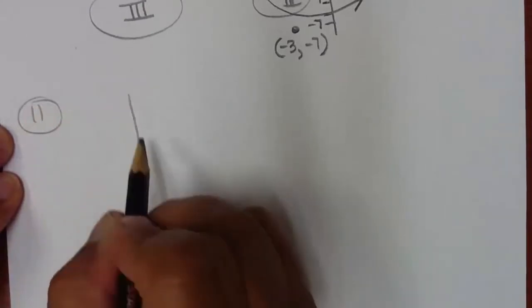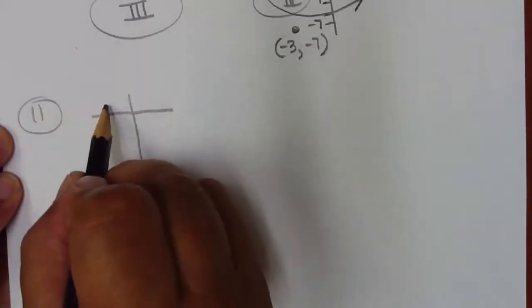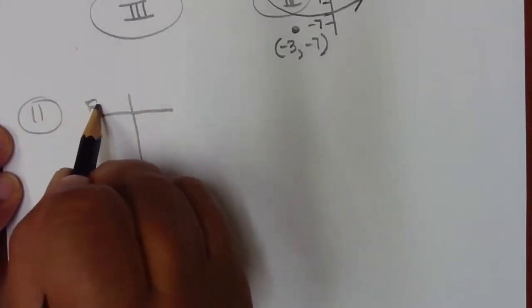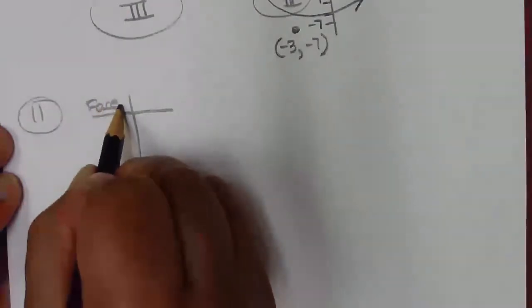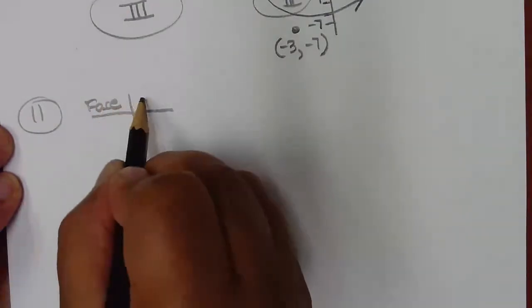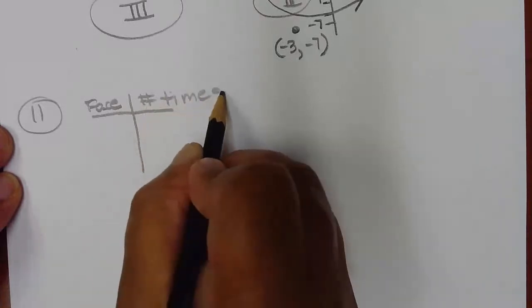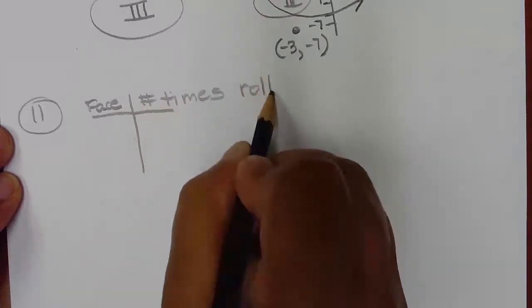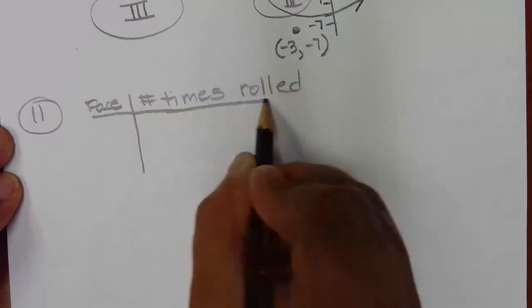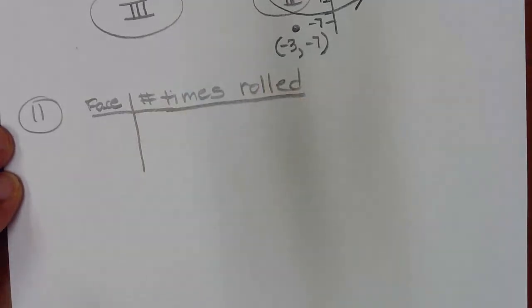I might go like this. I might give you a little table like this.